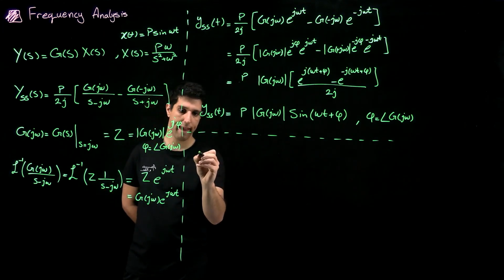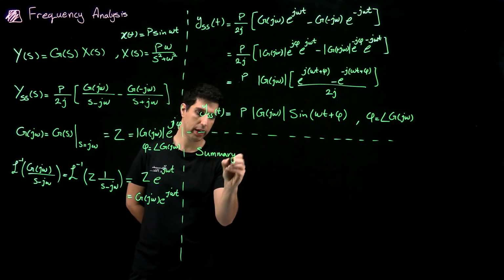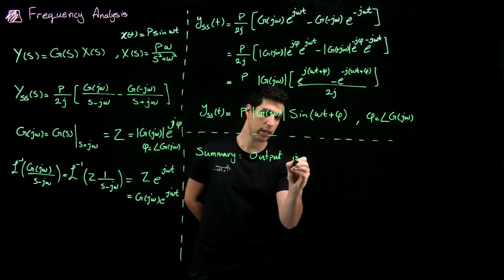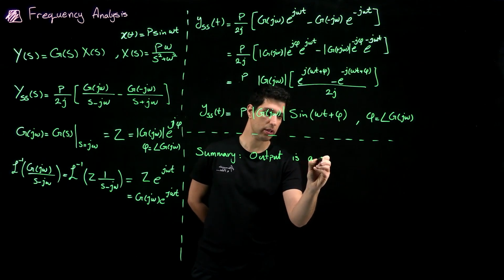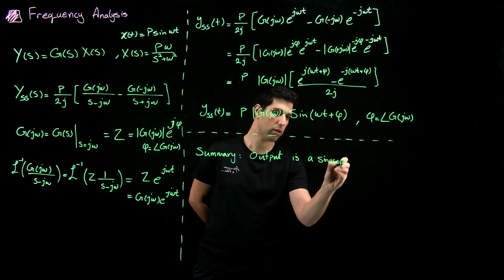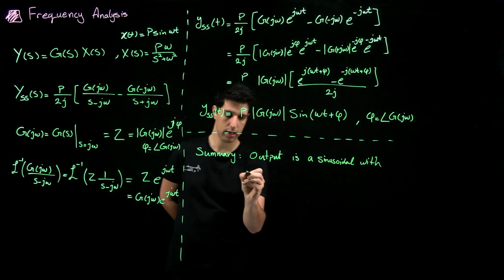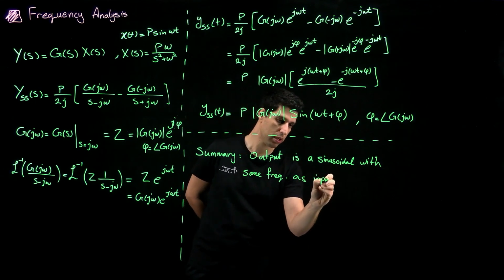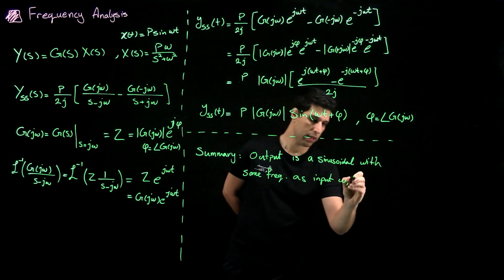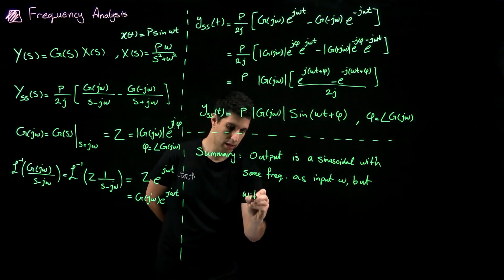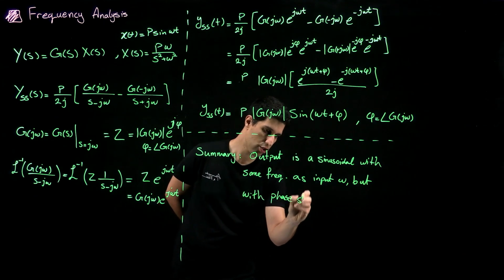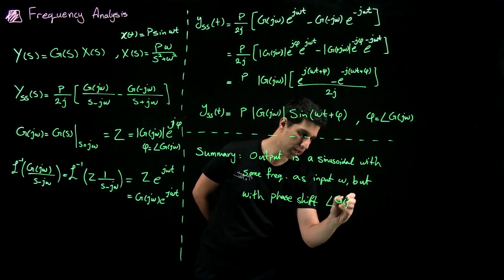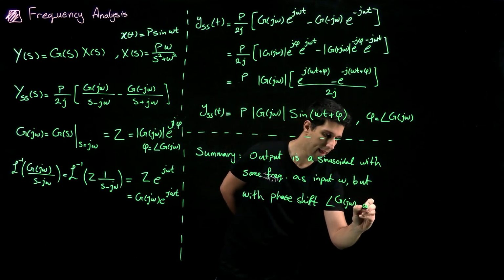So to summarize, the steady state output is another sinusoid with the same frequency as the input, omega, but with a phase shift, with the size of g of j omega, and gain.